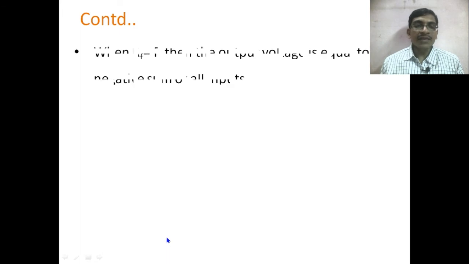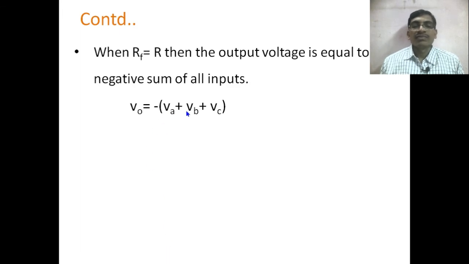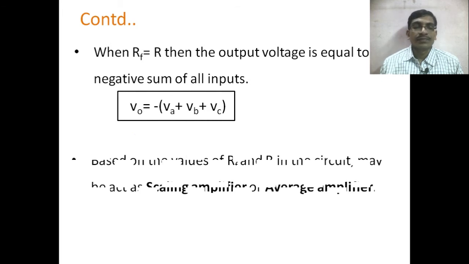Therefore, V0 is equal to minus of VA plus VB plus VC. The output voltage is the negative sum of the three input voltages, so our amplifier is working like a summer or adder amplifier.